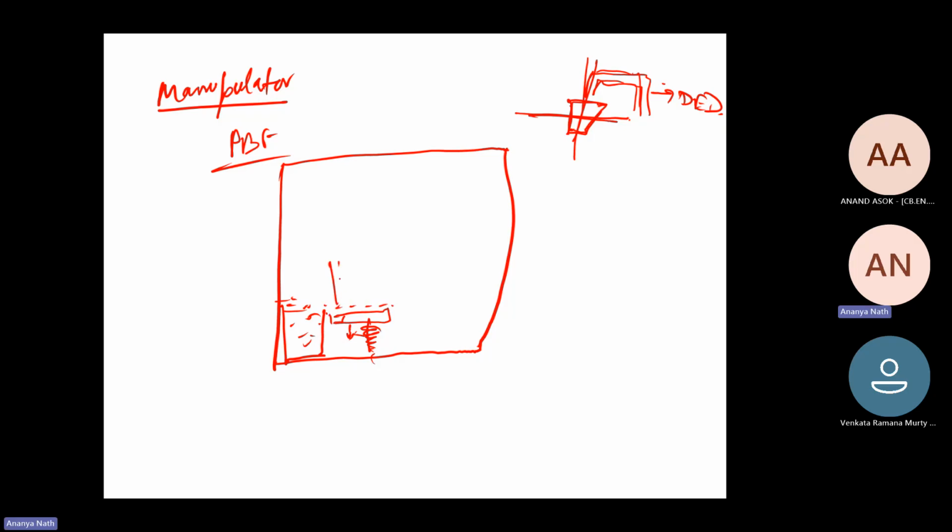There is a recoater which is used to spread the powder, and there is a collector where extra powder will be collected. The recoater is mounted on a CNC based system, so it will be moved in plus and minus X direction with the help of a CNC.